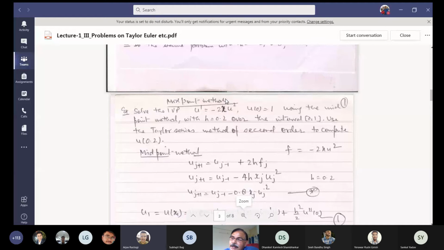So any order differential equation can be converted into a system of first order differential equations. It does not matter whether it is second order, third order, it may be nth order. Now you got it?